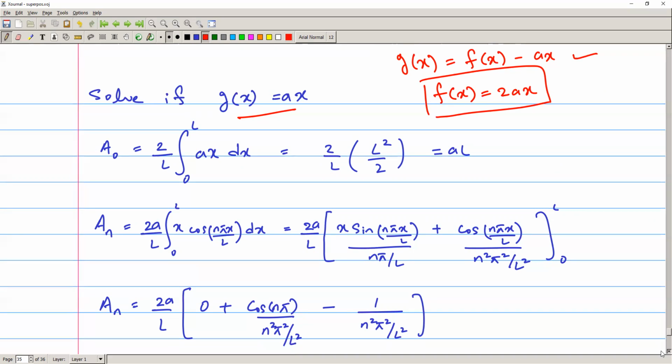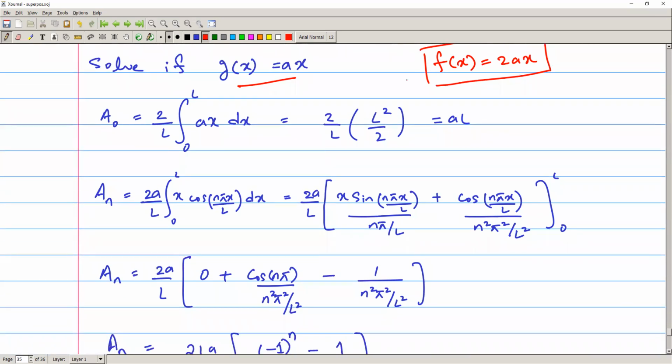So now we are given g of x is equal to Ax. So we will calculate this coefficient of the Fourier series, A naught, which is equal to 2 over L, integral 0 to L of g of x dx. This will be AL, this 2 will be cancelled with this, we will only be left with AL.